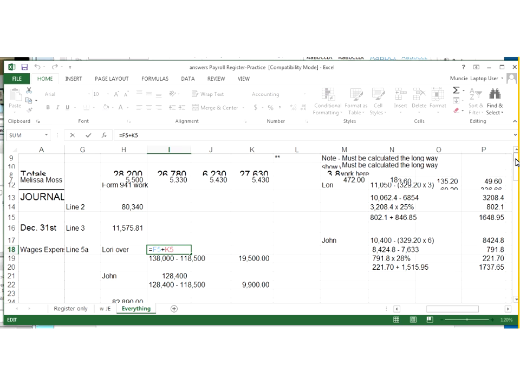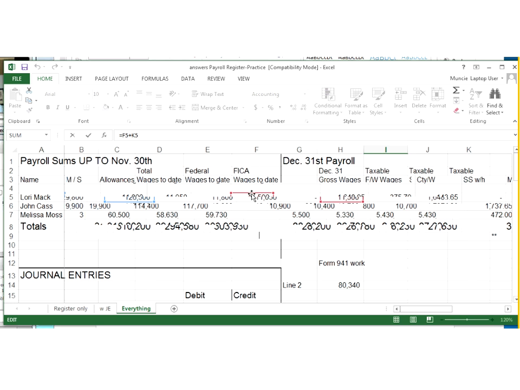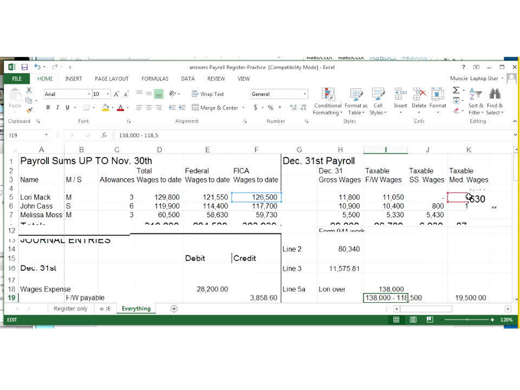So what I have done here, I got F5 plus K5. Let's go back up and show what I've done. So for FICA wages, when you combine these two, that's $138,000, that's how much in total FICA wages she made. But we have to cap it at $118,500.